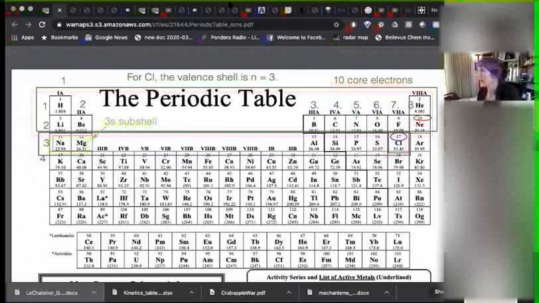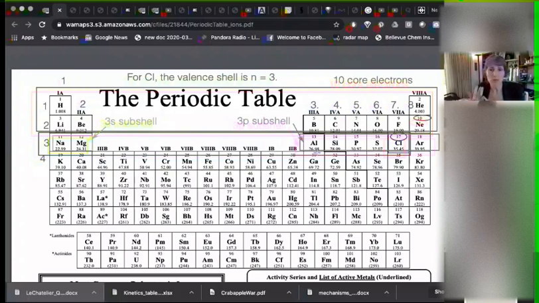Let's take a look at the p. This is the 3p subshell right there. So that means that all of those elements, their outermost electrons have a size of about 3, an energy of 3, and they have that dumbbell shape because they're in the p subshell.